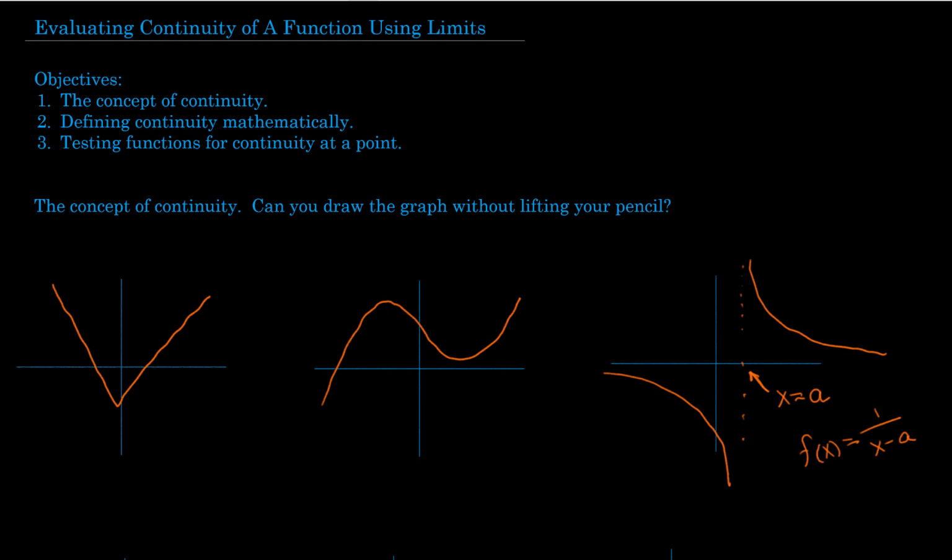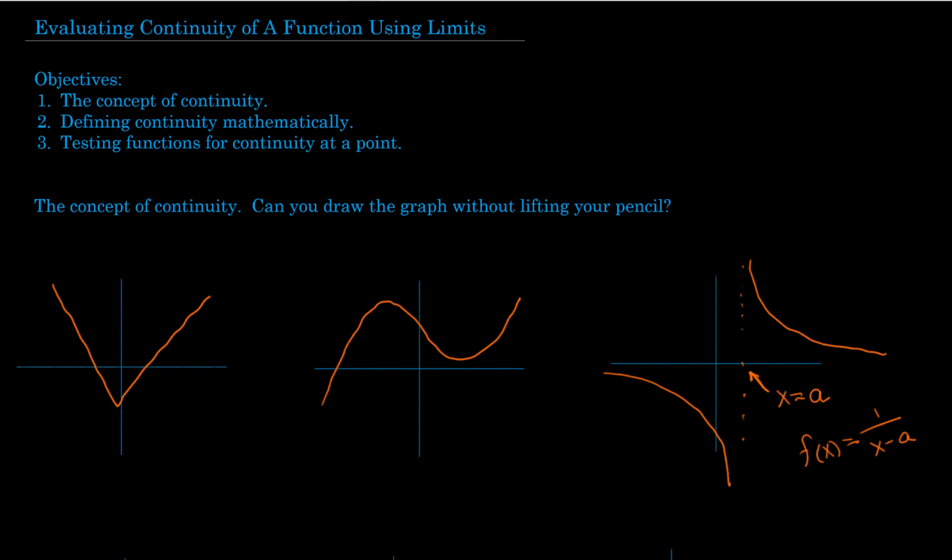It's broken apart there, or this is called a point of discontinuity, because if we put in the x value, for example 1, in the denominator, we'd have 1 minus 1 is 0, which would give us a fraction with a 0 in the denominator, and that's not a good thing. It's undefined. Okay, so we have one point of discontinuity.